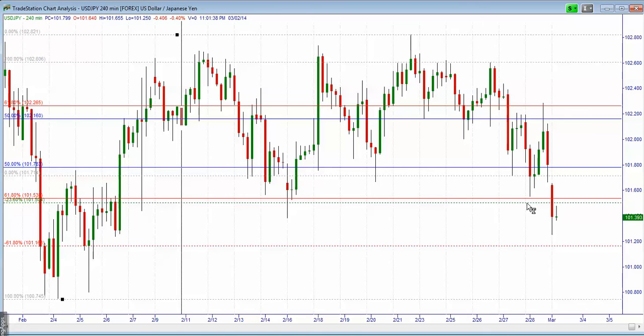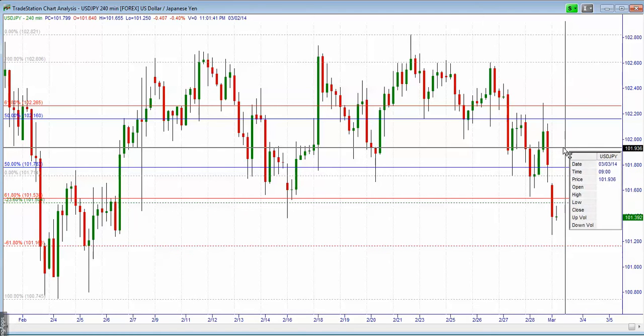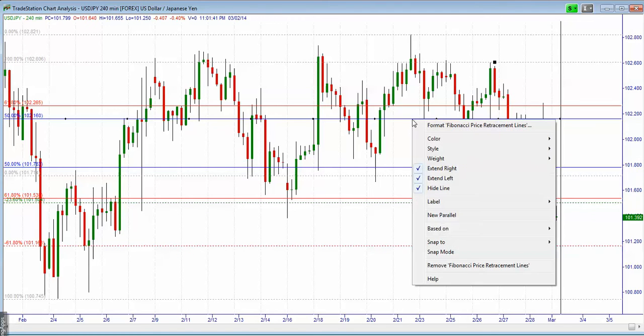And as we can see, initially price was not able to breach this level, and price again went higher, and actually you could exit this trade at break even.